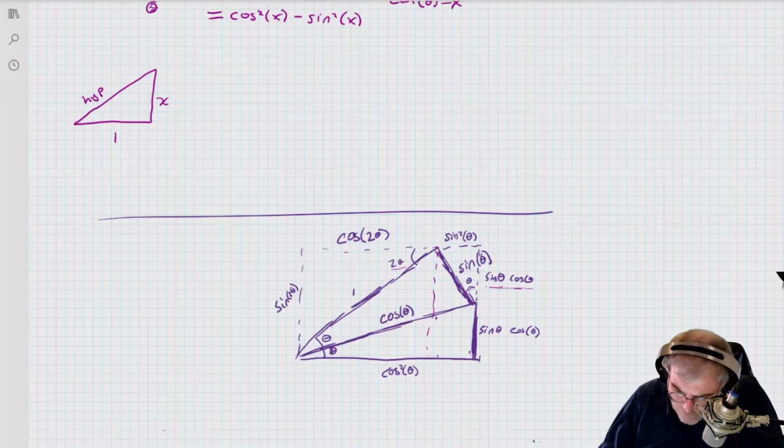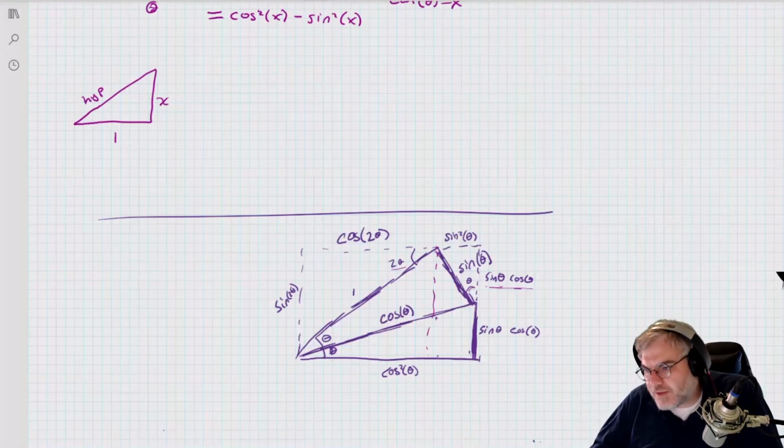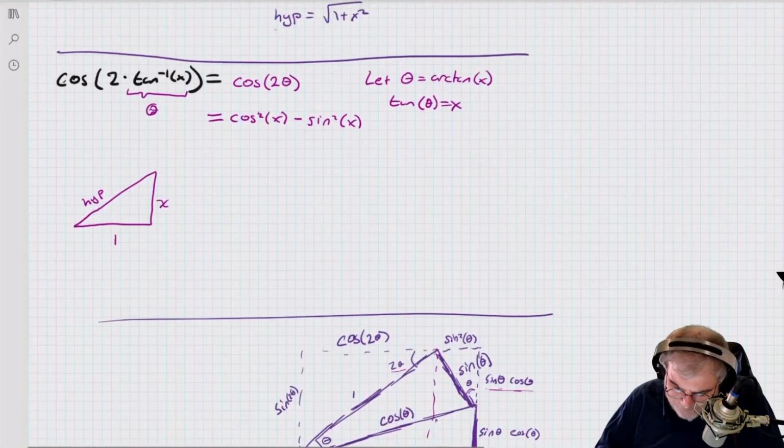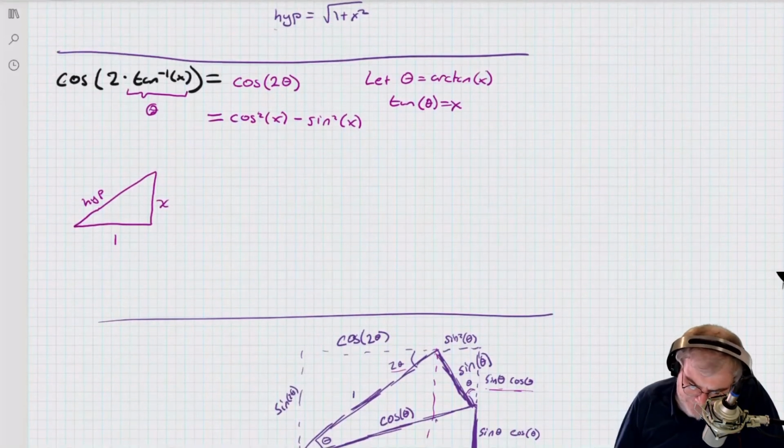So what I wind up with here is cosine of 2 theta equals cosine squared minus that piece. And if you don't remember the mnemonic, that's okay. You just remember the double angle formula. Those should be of theta, not x.